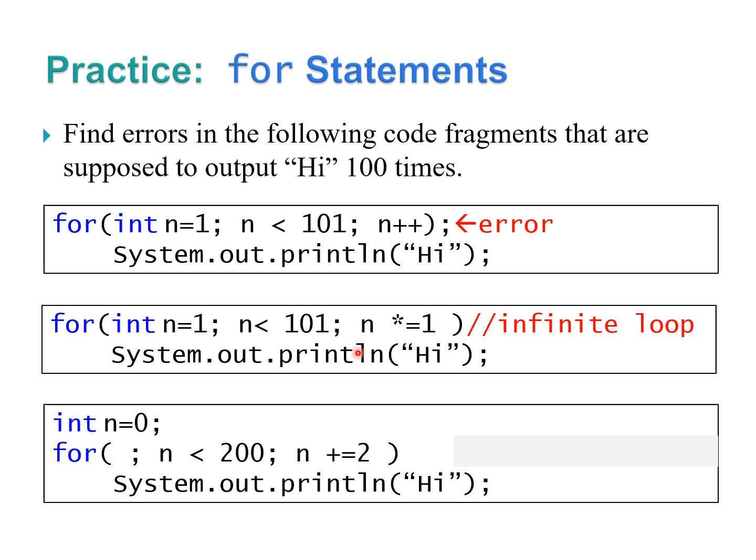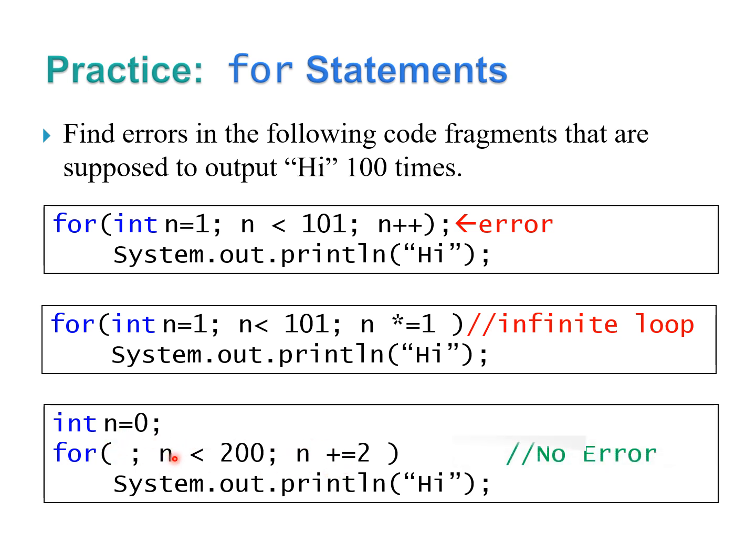How about the last one here? So in the last one here, the initialization is empty. And here the condition is n is less than 200 and n is initialized to be 0 before the loop. But in the update action, it increases n by 2 after each iteration. So in this case, it looks strange, but actually it works perfectly.